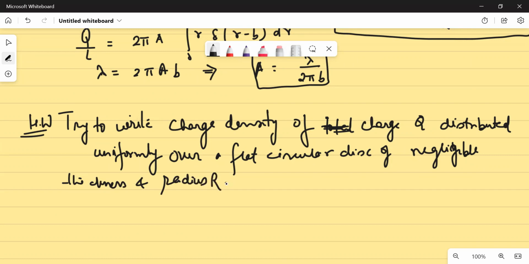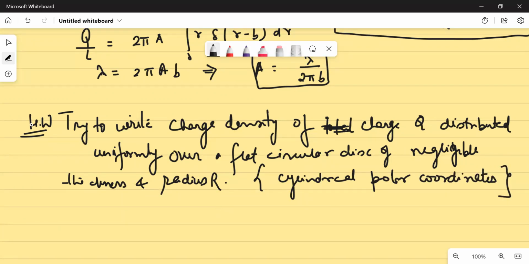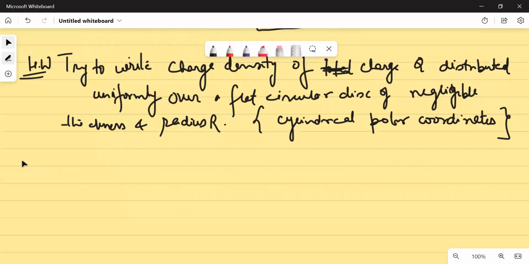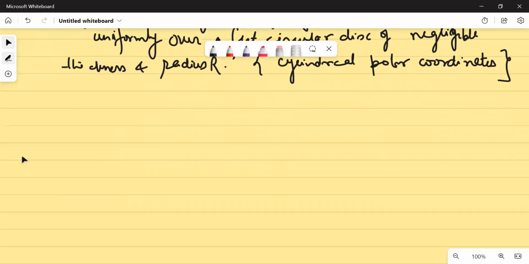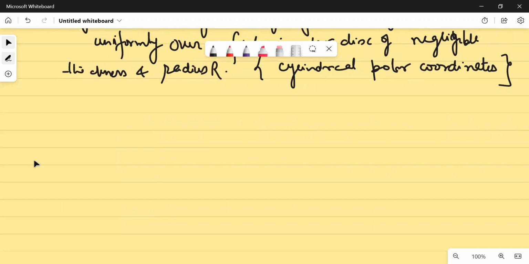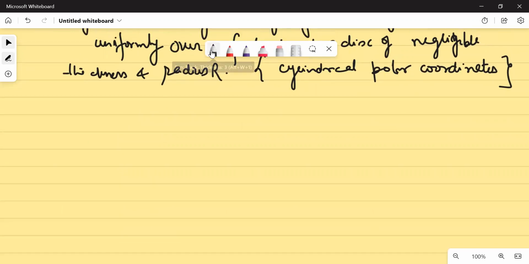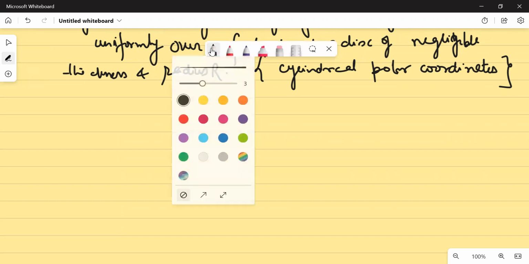And try to use cylindrical polar coordinates first. Try to use cylindrical because you've done cylindrical polar coordinates. How to go about it? So if I want to express this particular charge density, how would I do?